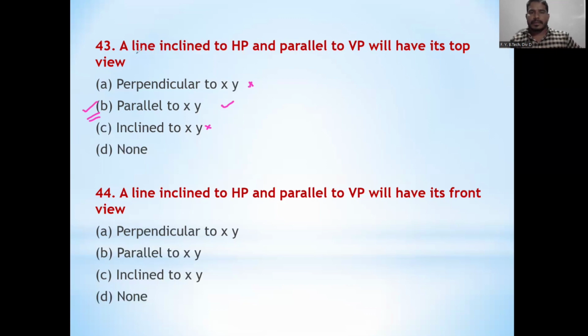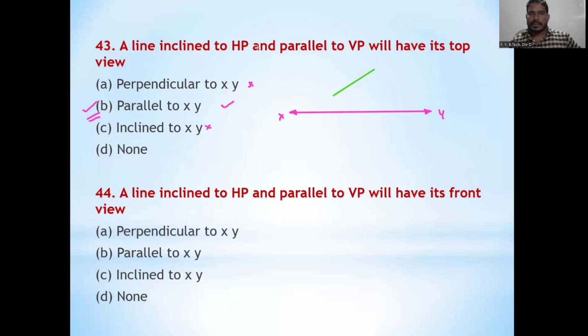I'll show you how this will be. Suppose this is the XY. In this case, as it's making an angle with respect to the HP, the front view we will get will be inclined to XY, like this.